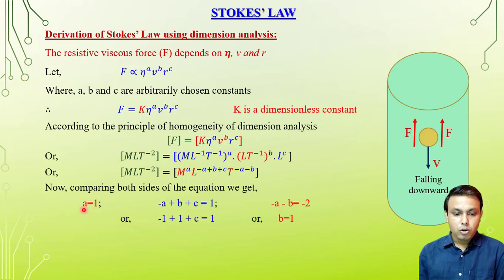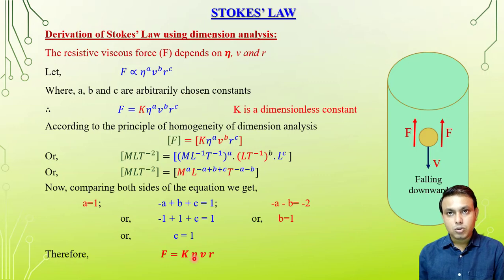Now, putting the value of a equal to 1 in this equation, we get b equal to 1. And putting the value of a and b here, we get c equal to 1. Therefore, a equal to 1, b equal to 1, and c equal to 1. Therefore, we write F equal to K eta to the power 1, v to the power 1, r to the power 1.